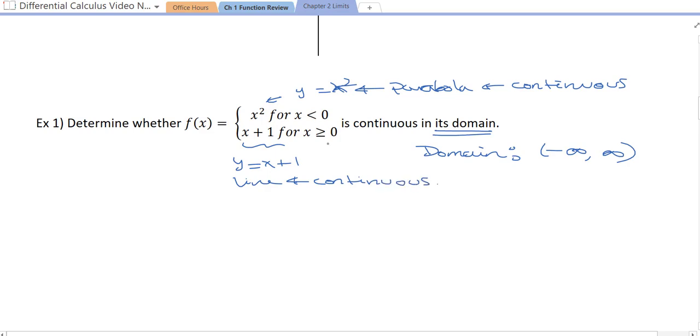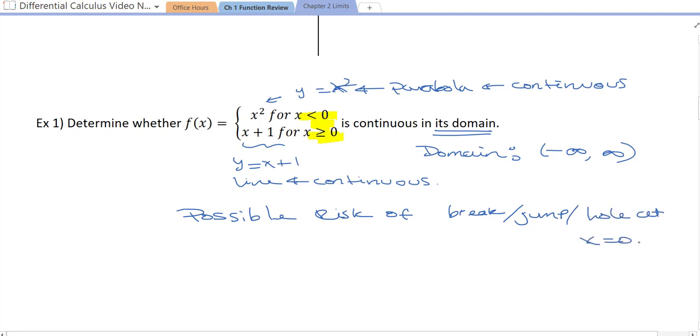So where do we have a risk of this not being continuous? It's when those pieces are put together, right? So we have a risk of it not being continuous at 0. Possible risk of break, jump, or hole at x equals 0.